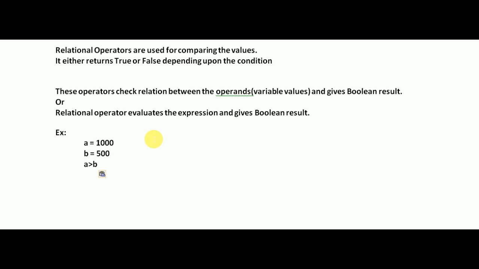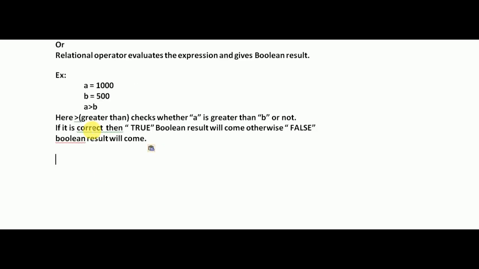A contains the value 1000 and b contains 500, and we apply the relational operator greater than: a is greater than b. Here greater than checks whether a is greater than b or not. If it is correct, then a true Boolean result will come, otherwise a false Boolean result will come.